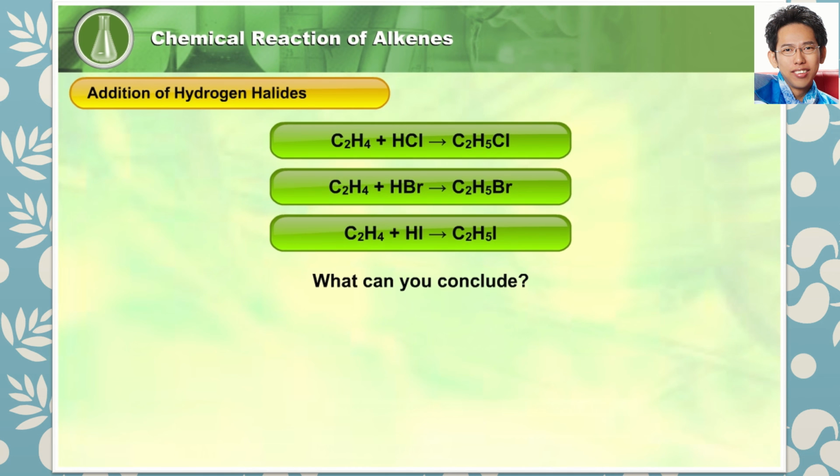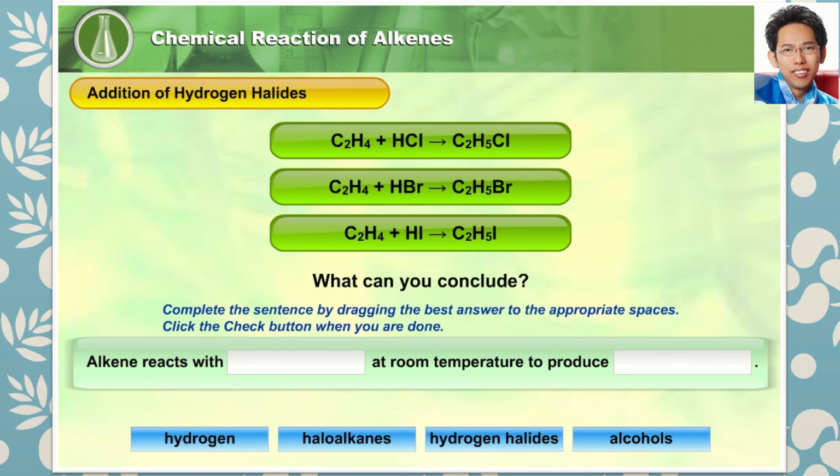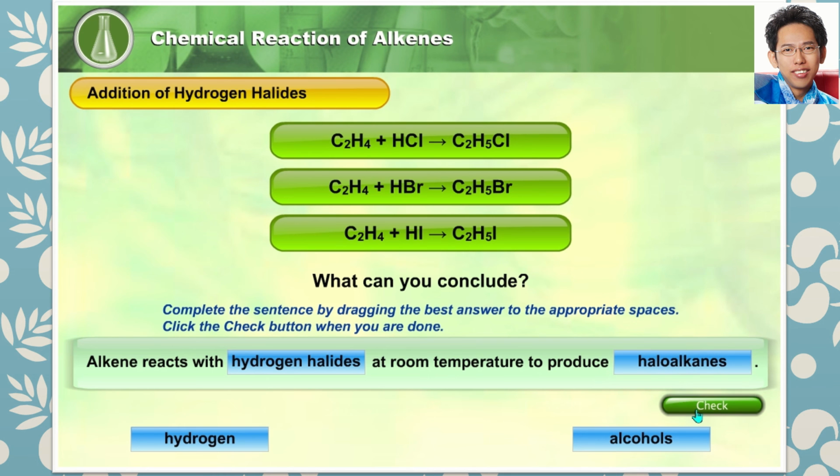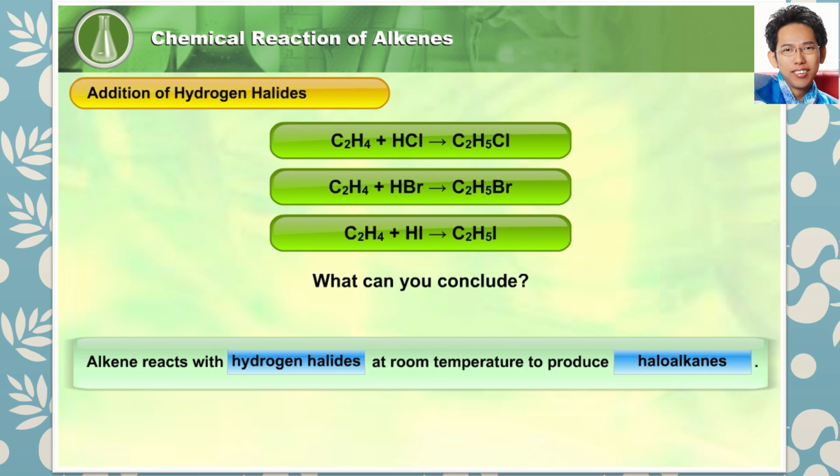Based on the animations, what can you conclude? Complete the sentence by dragging the best answer to the appropriate spaces. Click the check button when you are done. Alkene reacts with hydrogen halides at room temperature to produce haloalkanes.